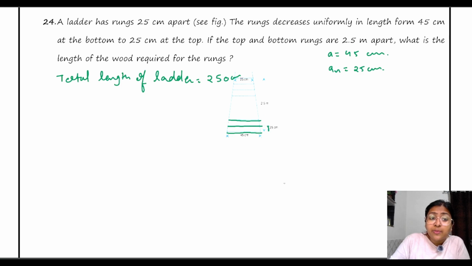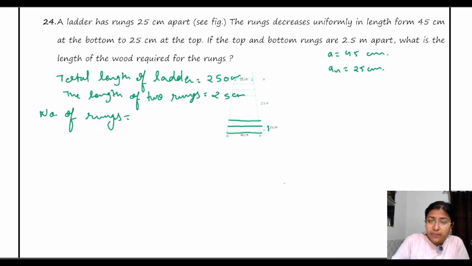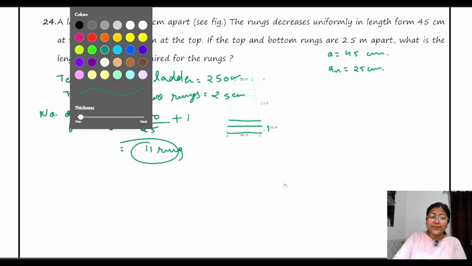The distance between two rungs is 25 centimeter apart. So the number of rungs will be 250 over 25 plus 1. So how many rungs are there? 11 rungs. Now the question is very easy for you, yes or no learners.